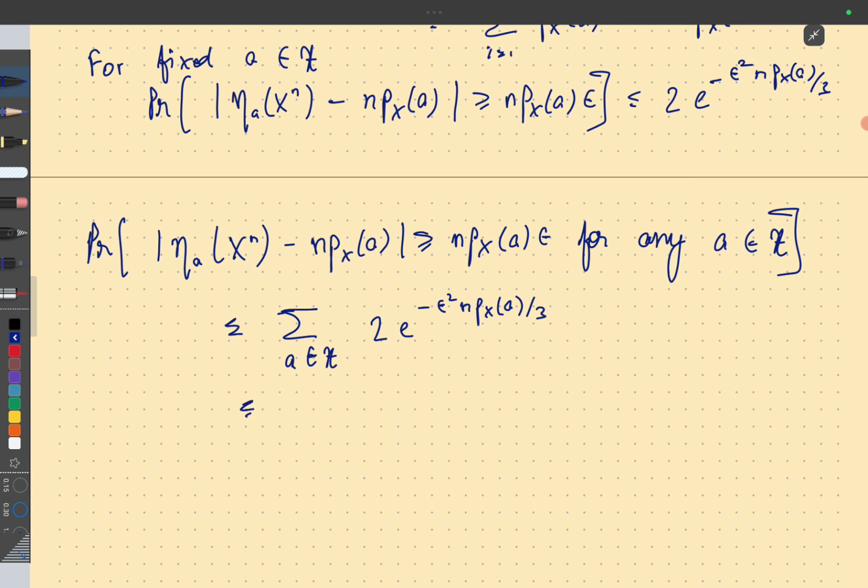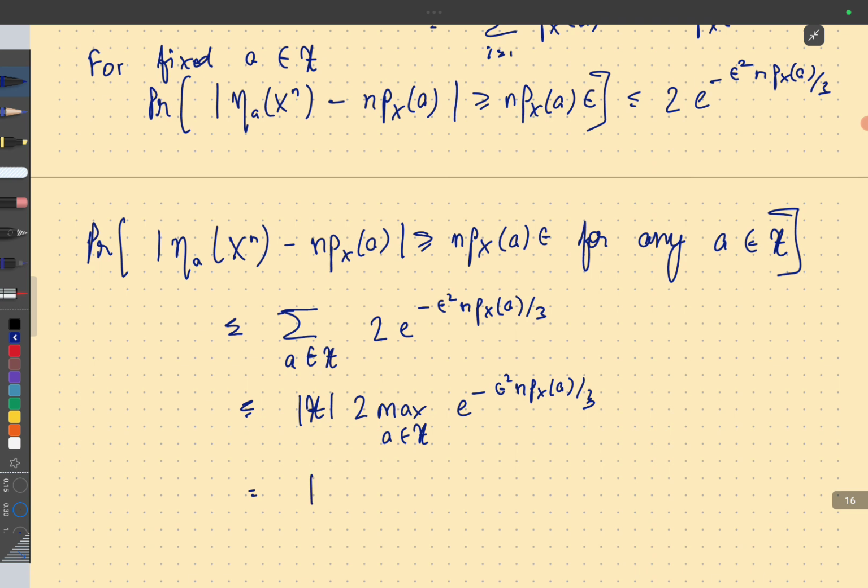Since this is less than or equal to the size of X times the largest of those terms in the summation, I can write this as less than or equal to size of X times max over all A in X of e to the power minus epsilon square n times P_X of A divided by 3.